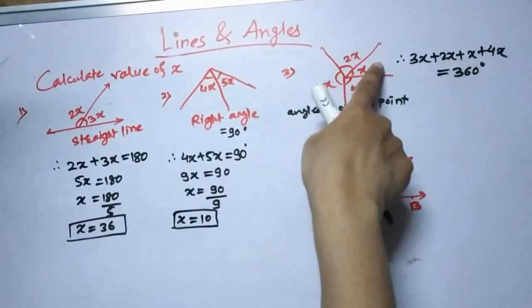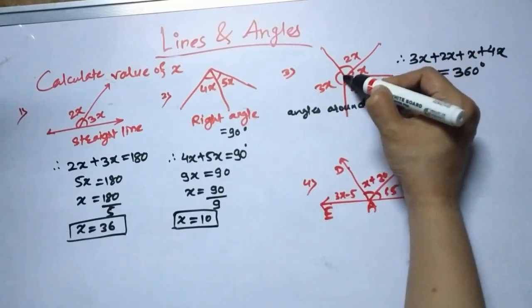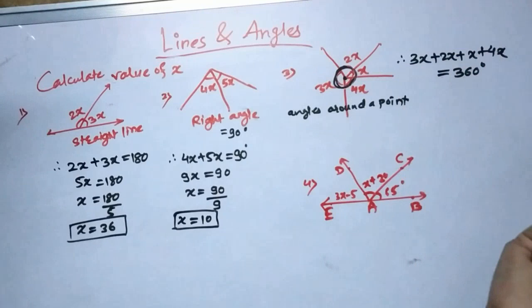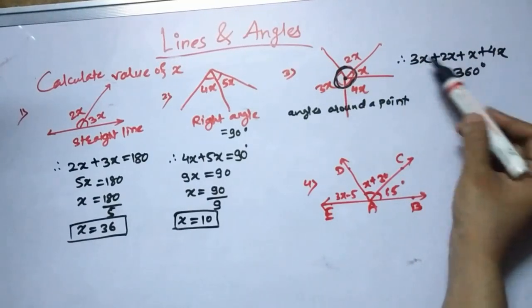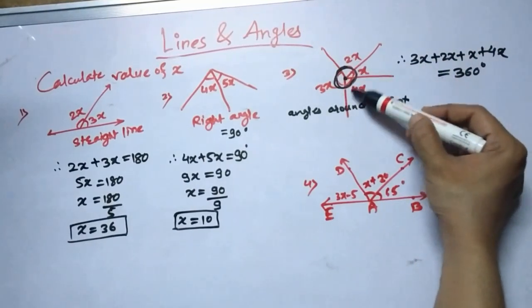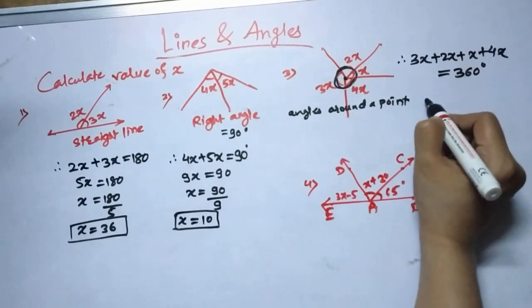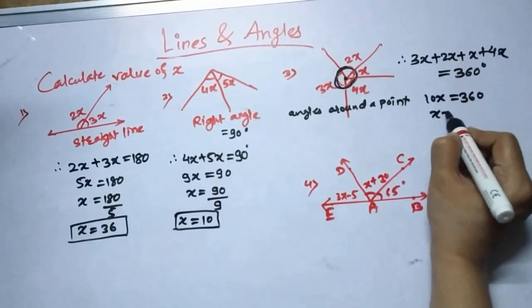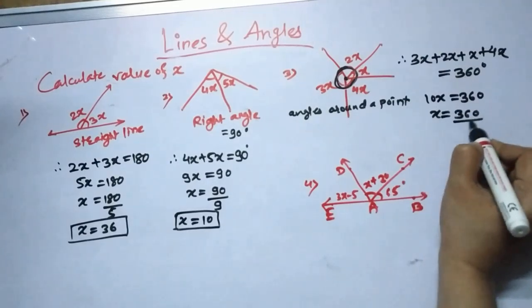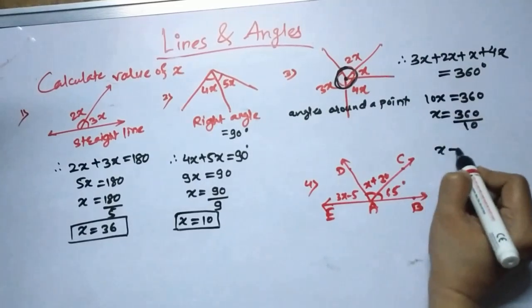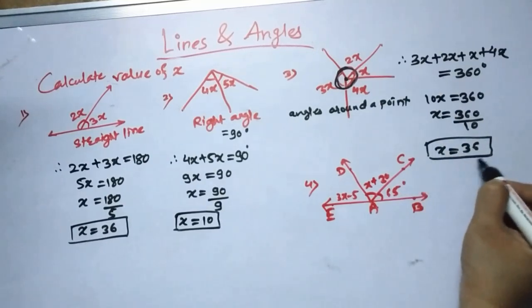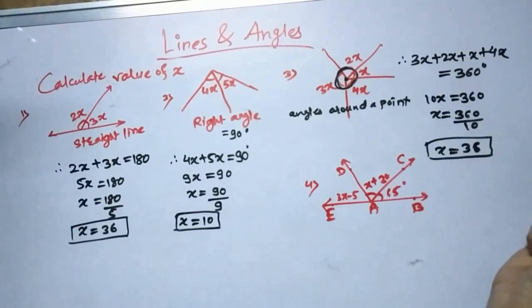This 3x, 2x, x and 4x are forming around this single point, making one complete angle, which is 360 degrees. Just add these like terms: 3 plus 2 is 5, plus 1 is 6, plus 4 is 10x. So 10x is equal to 360 degrees. Write x is equal to 360 divided by 10. So you'll get x is equal to 36.